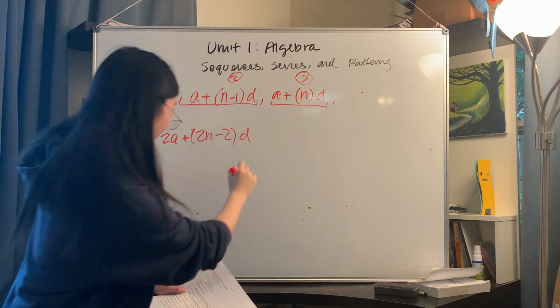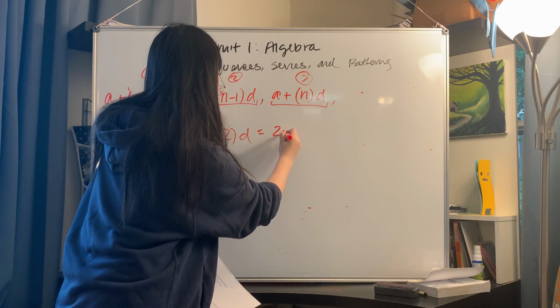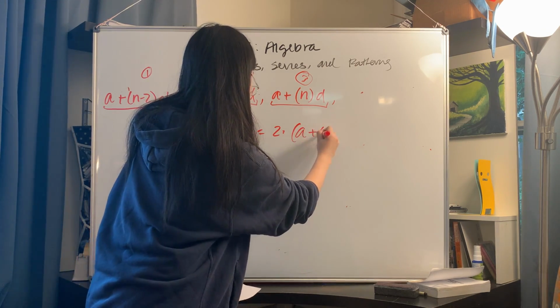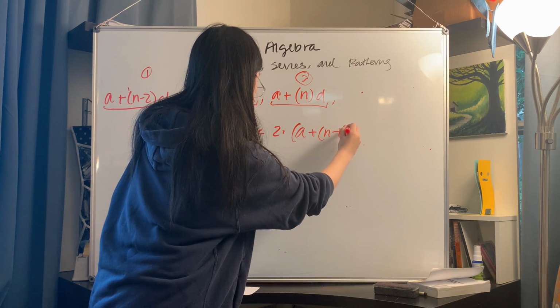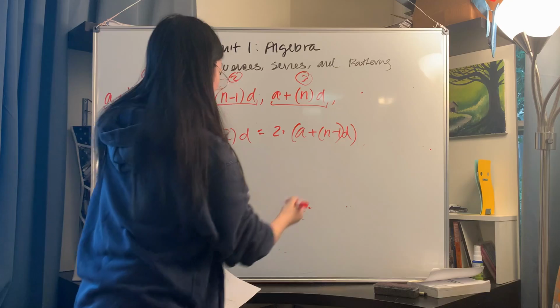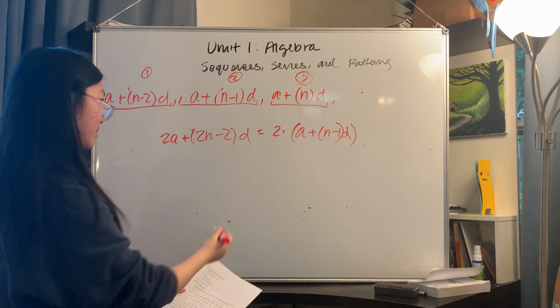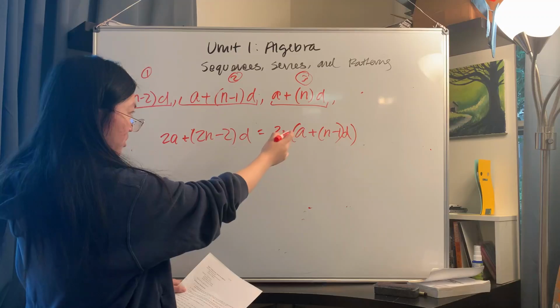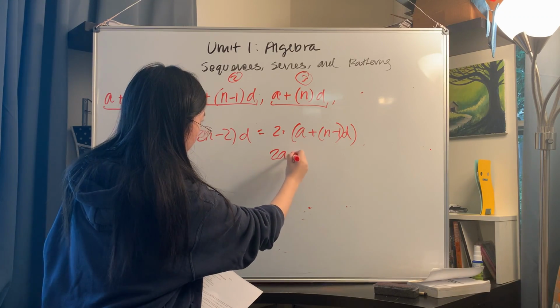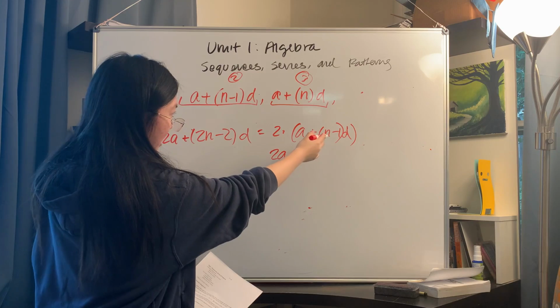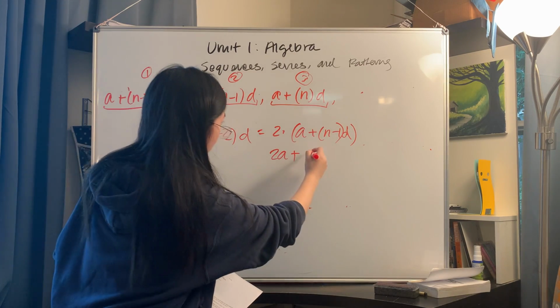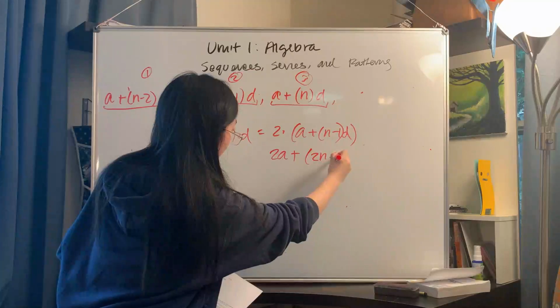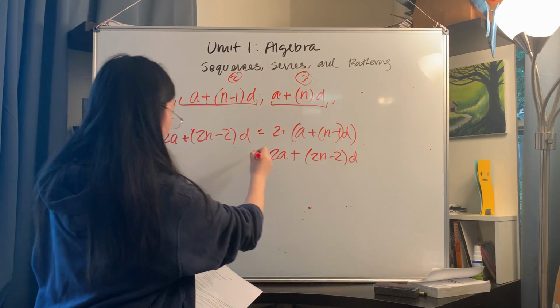And I'm claiming that that's equal to 2 times a plus n minus 1 times d. Well, if you multiply it out, you'll see that's true. 2 times a is 2a plus 2 times n minus 1 times d, that's equal to 2n minus 2d.